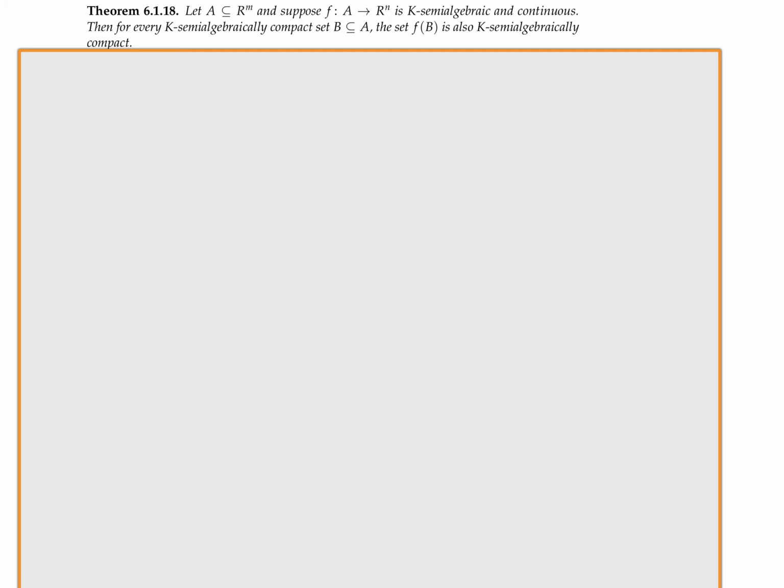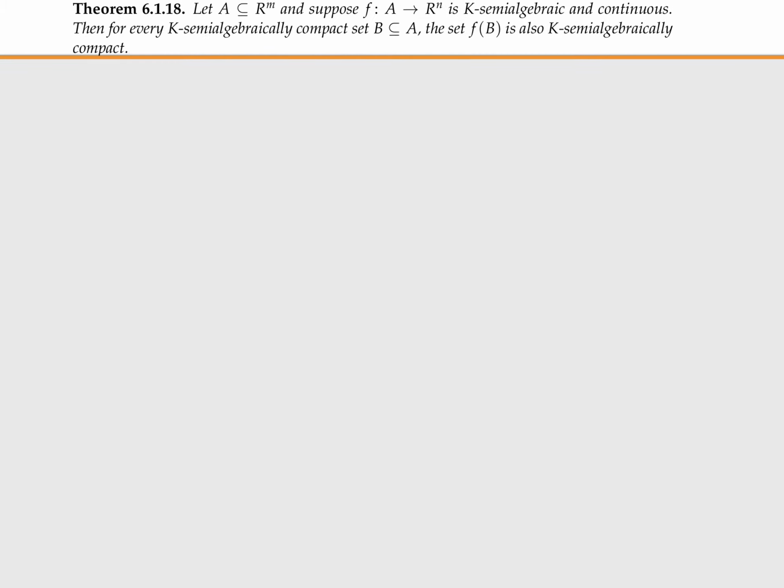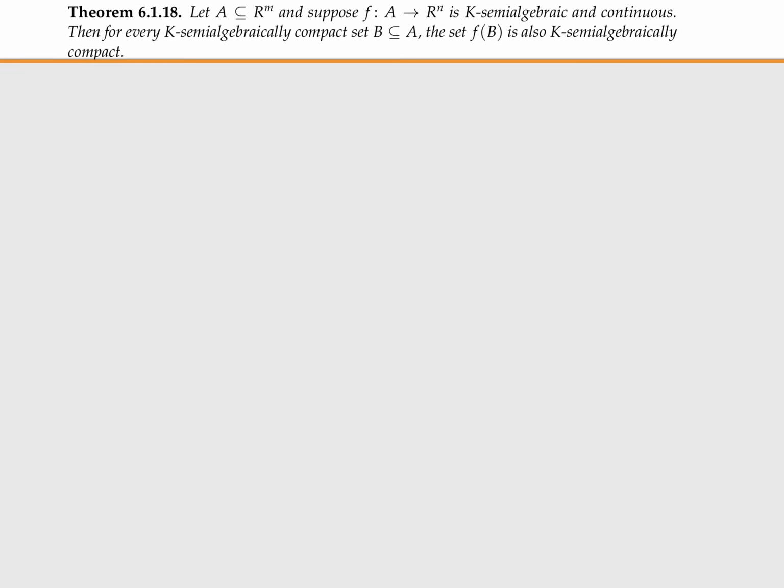You have certainly seen this in your analysis course. So we will reduce it to what you know from analysis. And so we have to think about how to formulate this somehow semi-algebraically so that we can apply Tarski's principle.